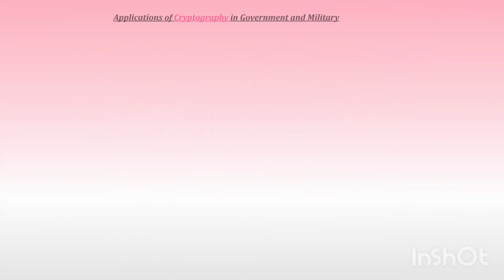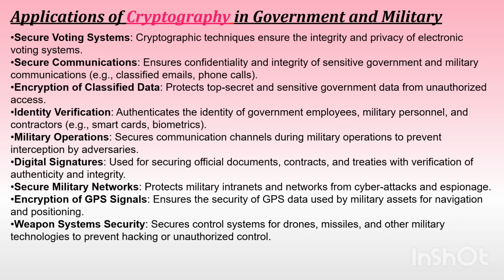Now we will discuss the applications of cryptography in government and military. It secures the voting system by ensuring the privacy of electronic voting machines and the integrity of the data. It provides secure communications by ensuring the confidentiality and integrity of sensitive data of government and military communication. Encryption of classified data.